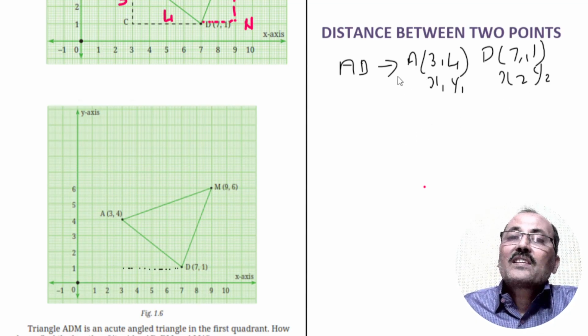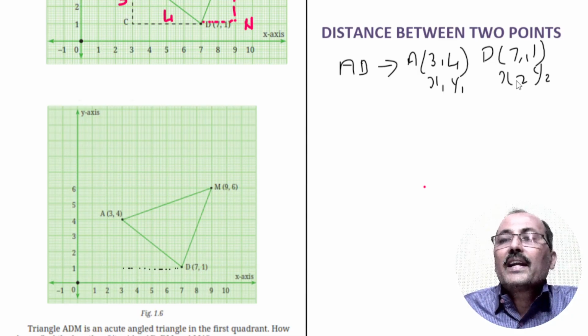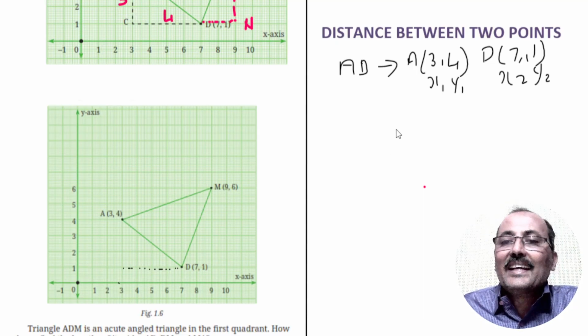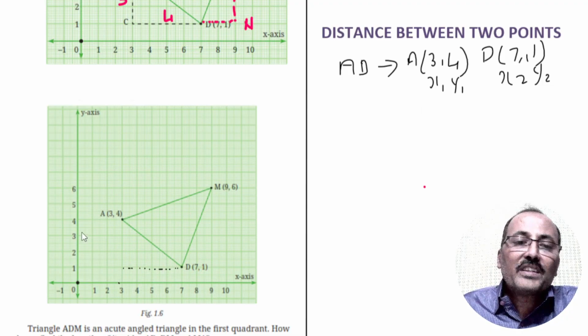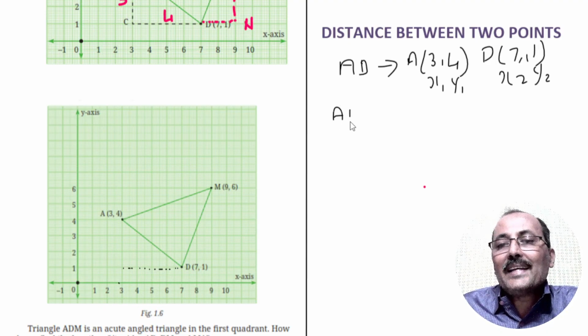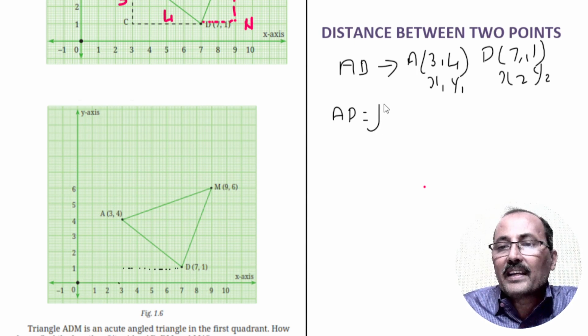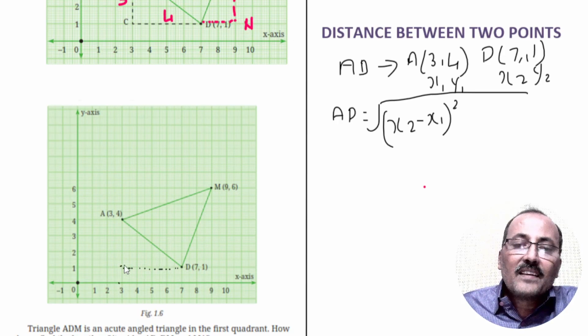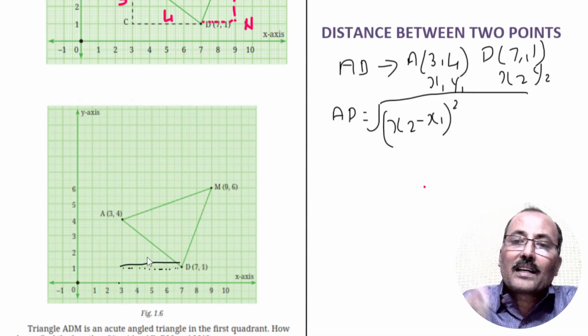Now to get the distance, what is the distance along the x coordinate? It is 7 minus 3. And along y it is 4 minus 1. So to find AD, the formula being introduced is x2 minus x1 whole square, because x2 minus x1 is this length, and we square it because of the Pythagorean triplet.